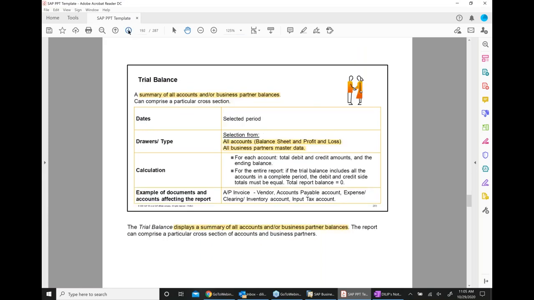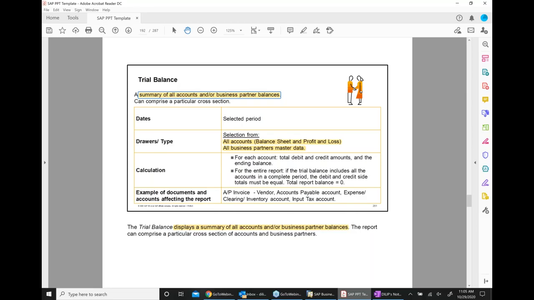Now the second thing is trial balance. Trial balance is a summary of all account and or business partner balances. The trial balance includes all accounts. The accounts could be from the balance sheet or from the P&L, and it also includes all your business partners, which means your customers and vendors as well.